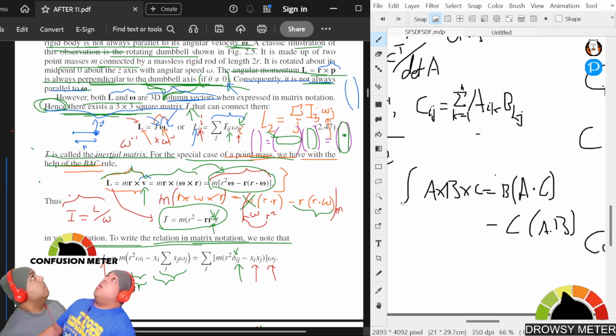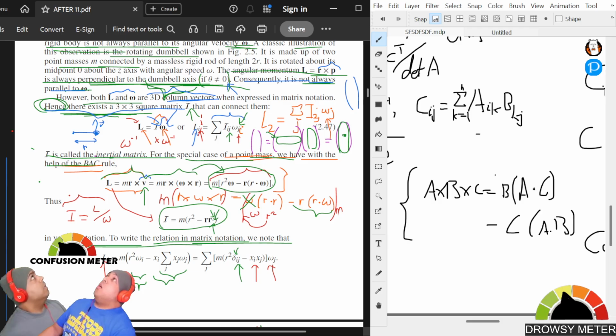This is the BAC-CAB rule over here. A cross B cross C. So you get B (A dot C) minus C (A dot B).